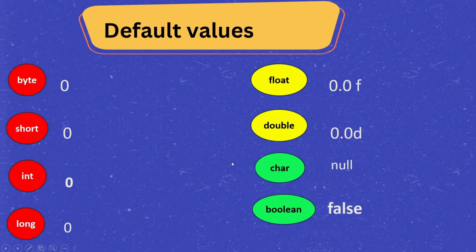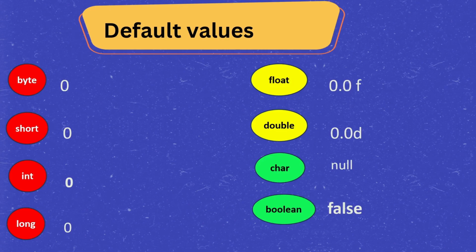So all the numeric data types, byte, short, int, long, their default value is 0. The default value of float is 0.0f. F means float. For double it is 0.0d. D means double. For char it's null, which we have seen. For boolean it's false. So these are the default values.